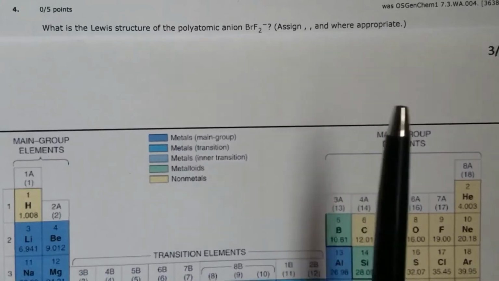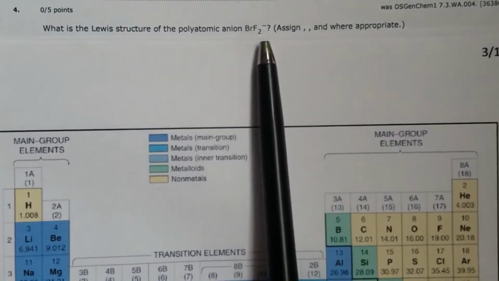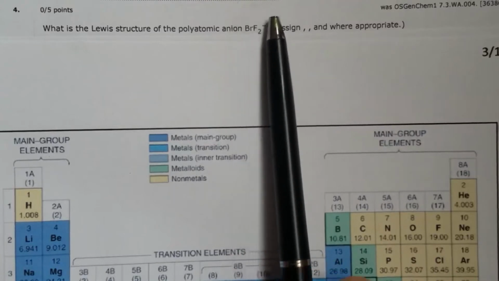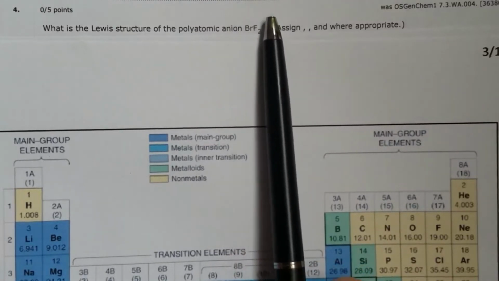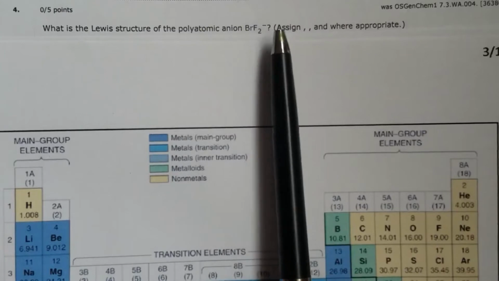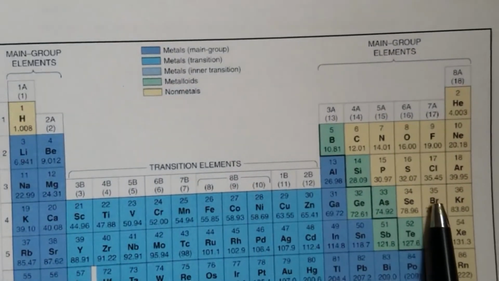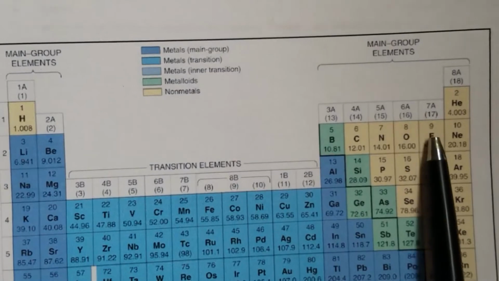So first we need to identify the total number of valence electrons. In order to do so, let's find out the valence electrons for both bromine and fluorine.